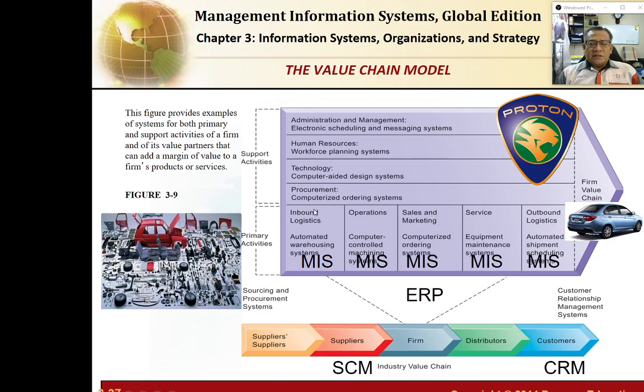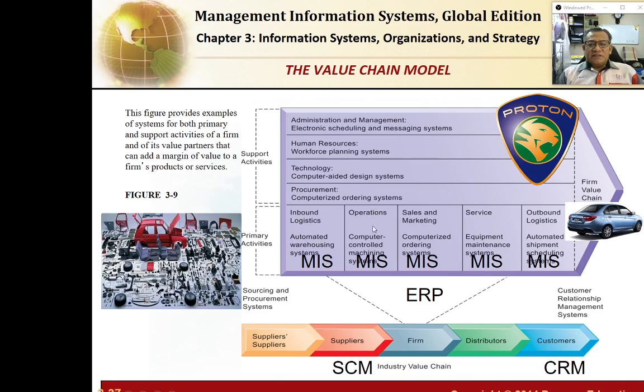At each department of this primary activity at Proton, the department for logistics, department of operation like production, department of sales and marketing, department of service, and outbound logistics, all of these have an IT system in the form of a management information system, or MI system, in order to manage their raw material or product in the form of an automated housing system, right?